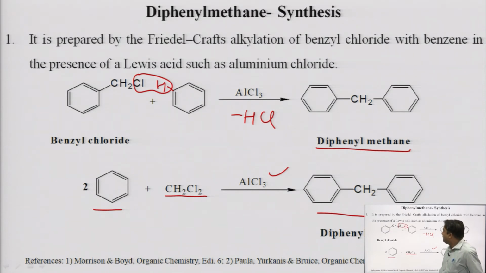These are examples of electrophilic substitution reactions, and we know that in electrophilic substitution there are three steps. In the first step we generate an electrophile. In the second step, the electrophile attacks the aromatic ring to produce an intermediate carbocation, and in the last step the intermediate carbocation gives up a proton and finally we get the product. So these are examples of Friedel-Crafts reactions.